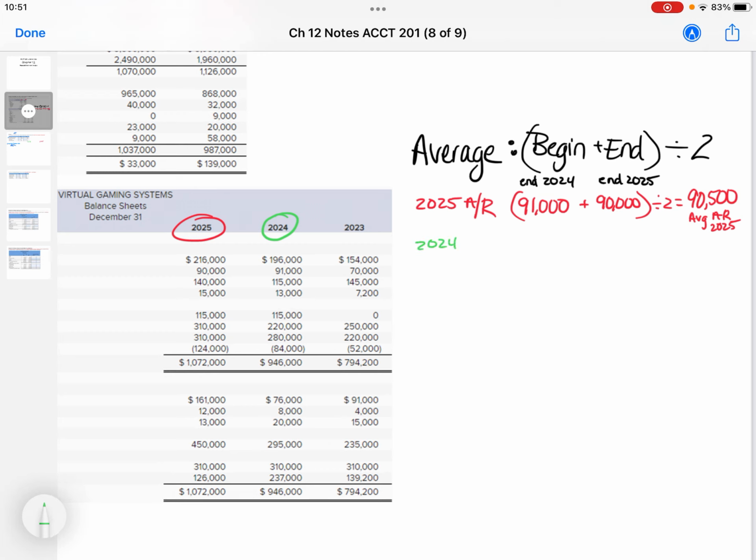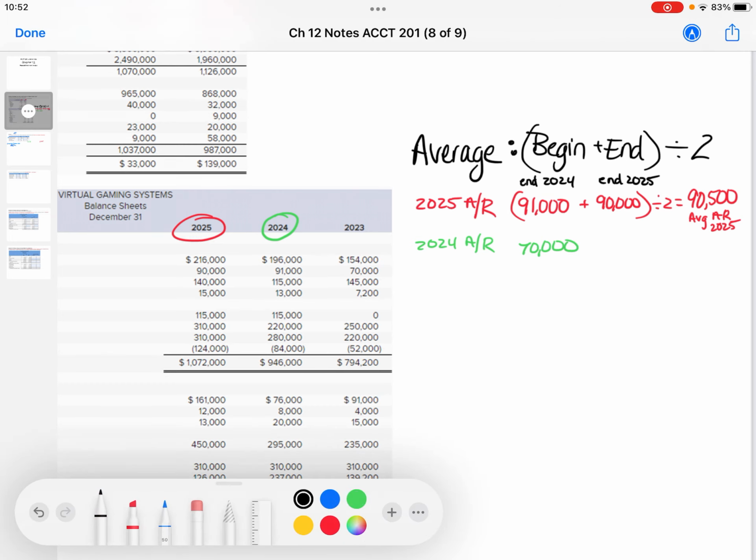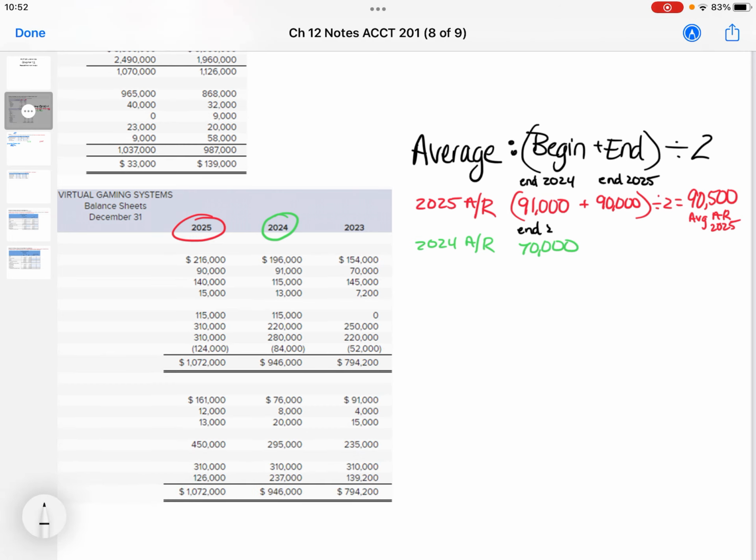All right, let's do the same thing for 2024. So 2024 accounts receivable, we'll take the beginning balance, which would be the end of 2023. So I'm going to take the 70,000. So the end of 2023 is my beginning balance.